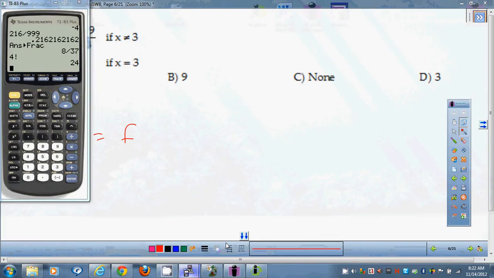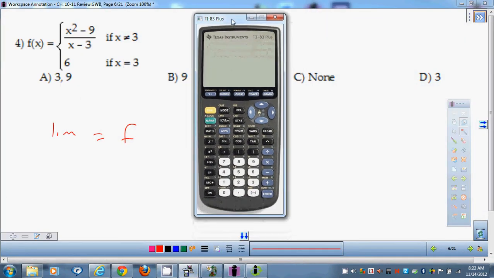Now, if you're a savvy factorer, then I'm sure you're out there thinking, I can cancel stuff out there and it becomes x plus 3. And yes, you can. But in case you're not, let's look at it the tracing way, the limit way. X squared minus 9 divided by x minus 3. Graph. Trace. We already know at 3 it doesn't exist, and that's verified.